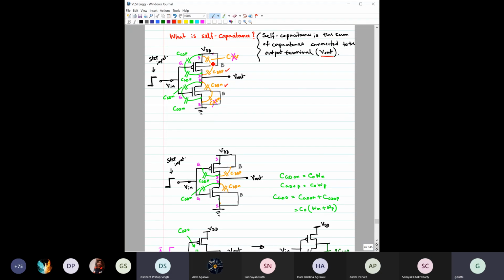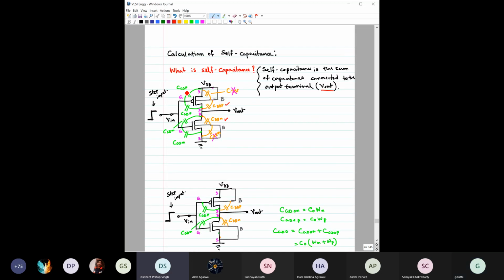So you have understood regarding these capacitances which are connected with the output side. Do you think that these capacitances would also play a role, for example the ones I have drawn using this green color: CGSP, CGDP, CGDN, CGSN? What about these capacitances?